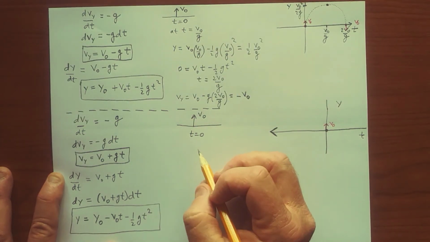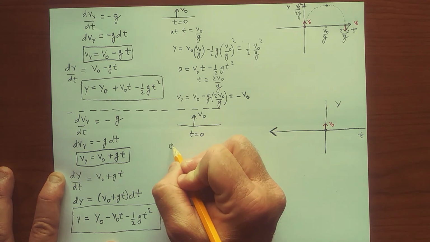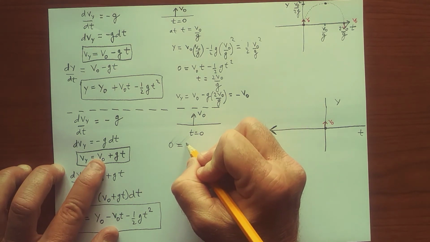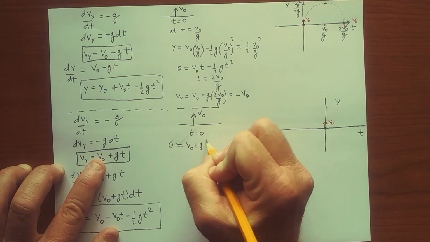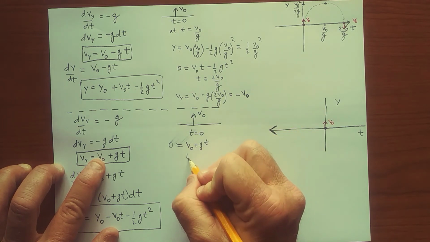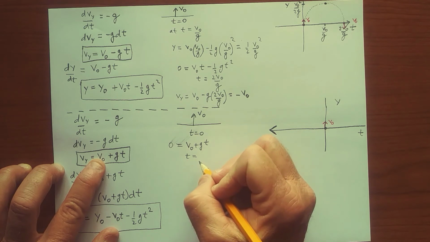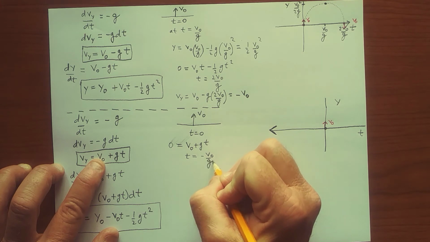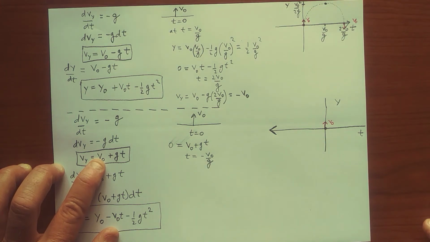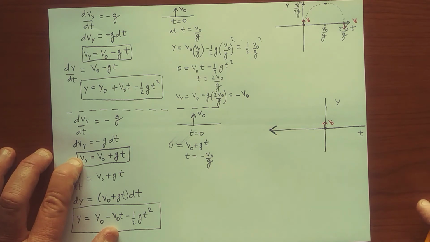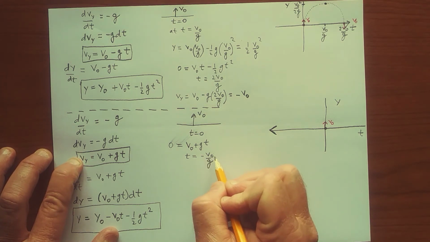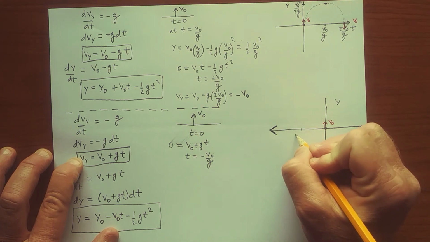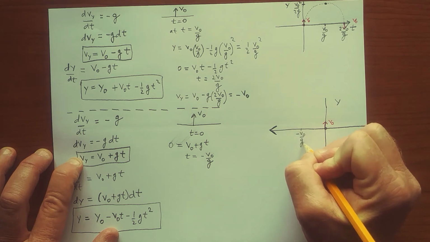And it reaches 0 speed, so 0 equals v naught plus gt, so our time when the object reaches maximum height with 0 speed is minus v naught over g. So perhaps it's not really surprising that we get something that's symmetric. So at t equals minus v naught over g, we're going to be at the maximum height. So this is minus v naught over g in time.